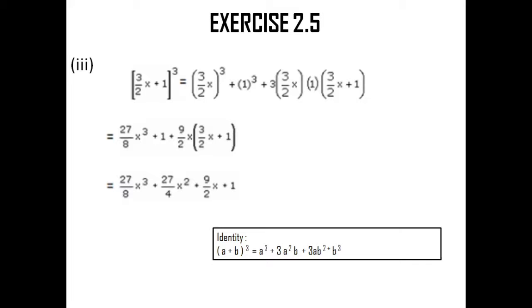So, as we have realized, what is the value of a? What should a be replaced by? A should be replaced by 3 upon 2x. And what should b be replaced by? B will be replaced by 1.